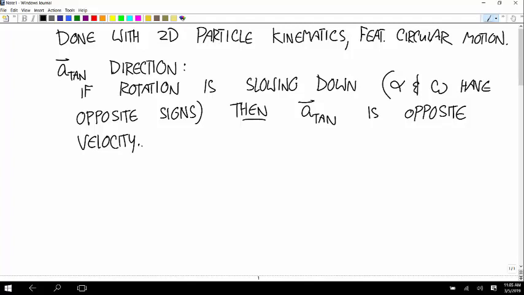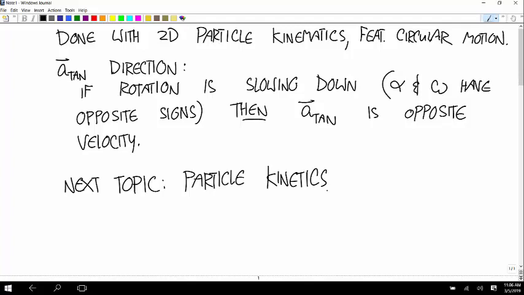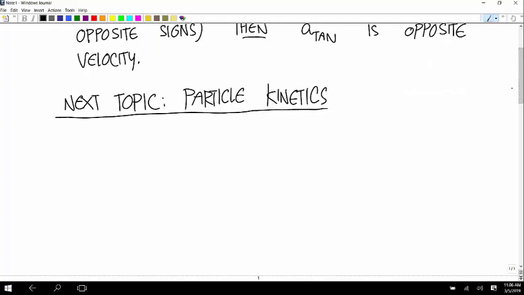All right. So the next topic is particle kinetics. And it's a really unnecessary pain that the words kinematics and kinetics are so similar.